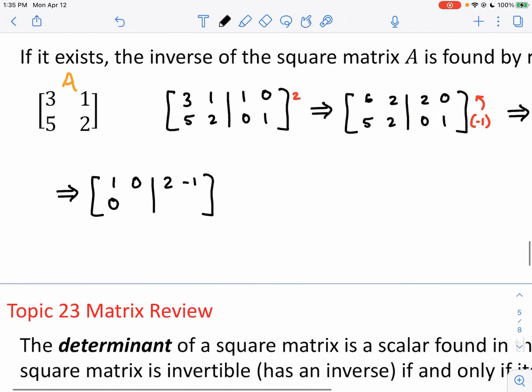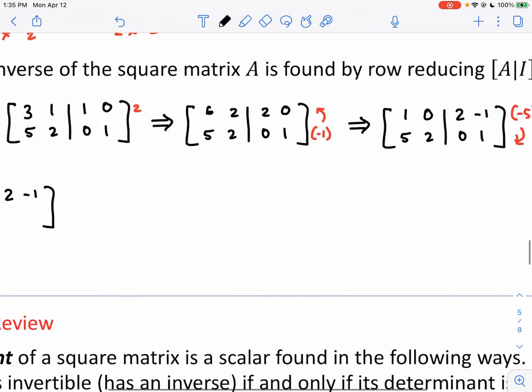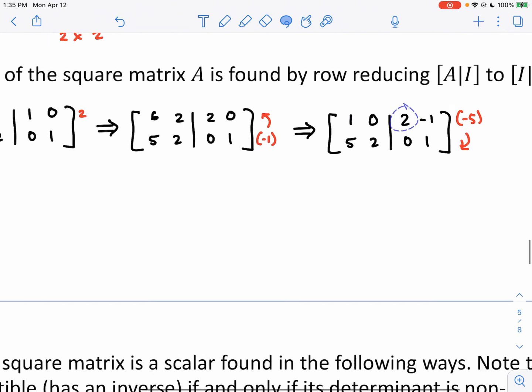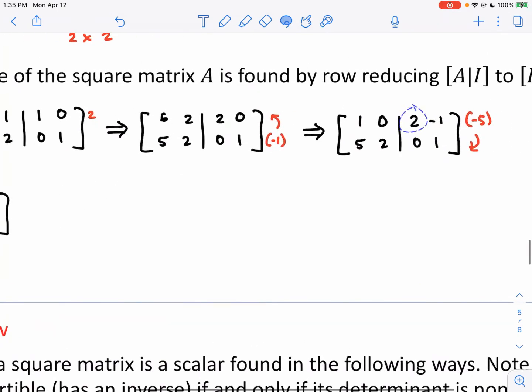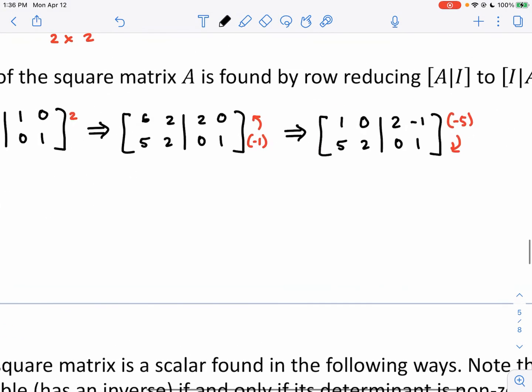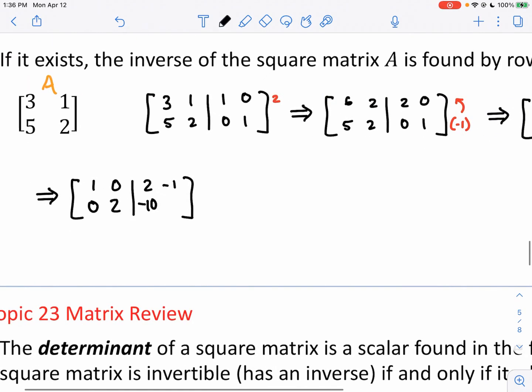So we get 2 still in that position. And then we have -5 times 2 is -10. And -10, that we're going to now add to this 0 here, is still -10. And then finally, -1 times -5 is 5. Add it to that 1 there, gives me a 6.